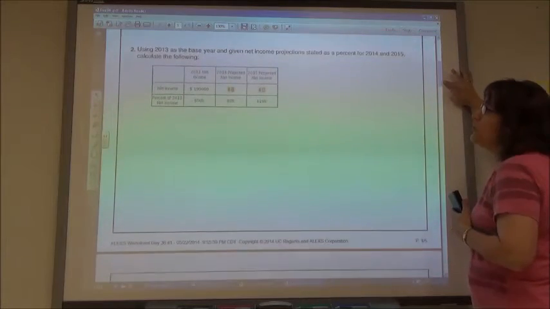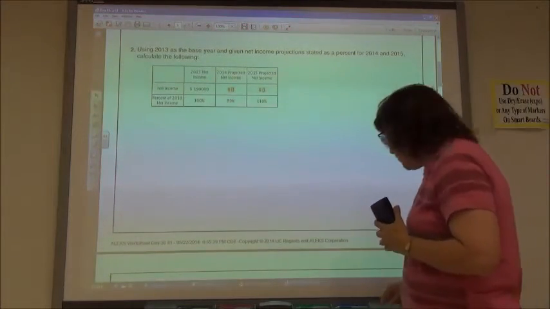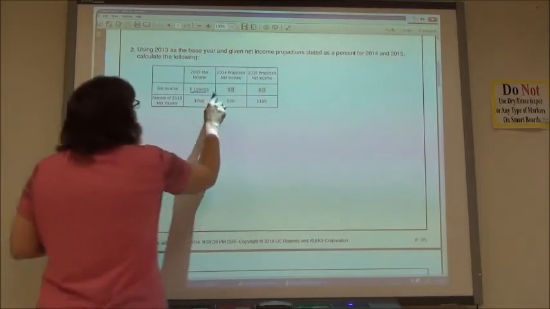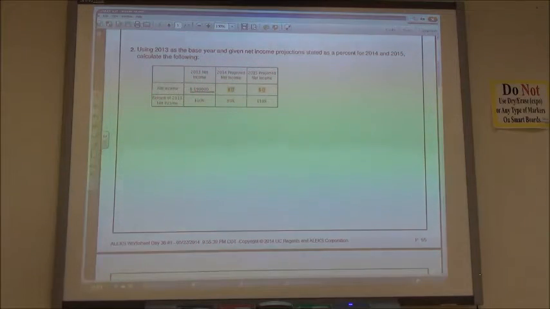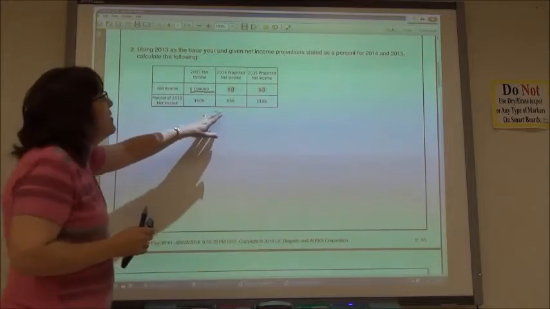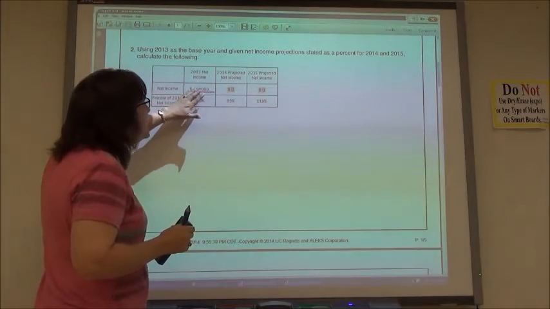So number 2, again, using 2013 as our base, so using the $190,000 as our base, this time we're working it backwards. We're going to figure out what the projected net income is if we say that it's going to be 89% of this amount.